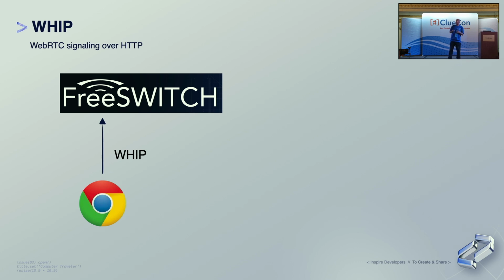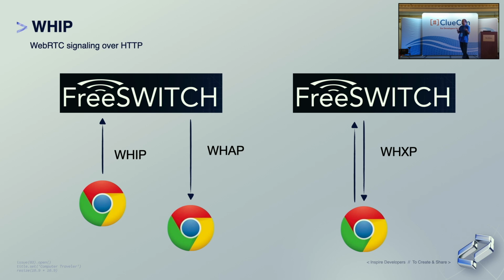But WHIP is one way only, from the browser to FreeSWITCH. There's another protocol like that called WHEP. WHEP is for access, so it will download the media stream. If you want to make a two-way, real-time call, you need to create two different connections. We also extended FreeSWITCH to support WHIP and WHEP.